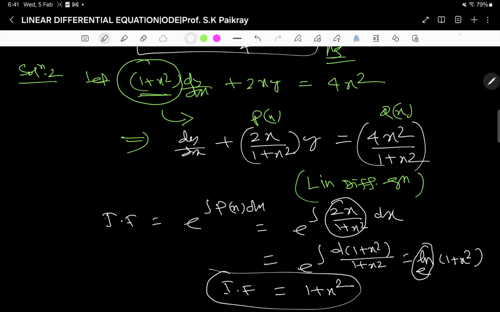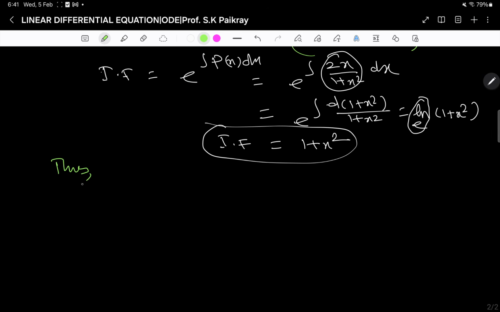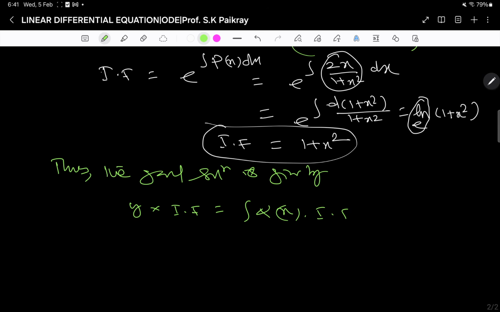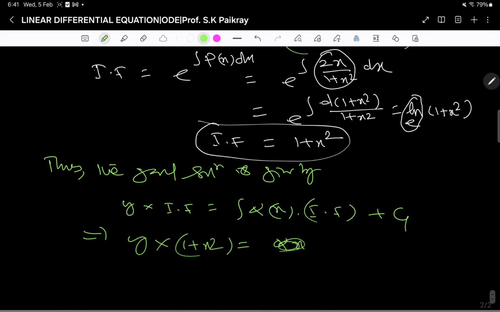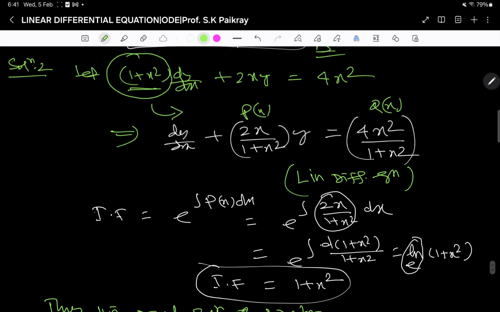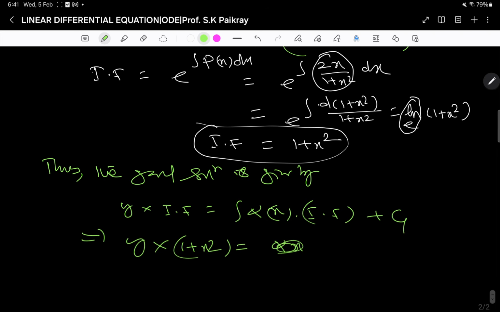Now coming to the general solution. The general solution is given by y into integrating factor is equal to integral q(x) into integrating factor dx plus some constant c1. So y into (1 plus x square) is equal to integral of 4x square divided by (1 plus x square), times the integrating factor (1 plus x square), dx plus c1.